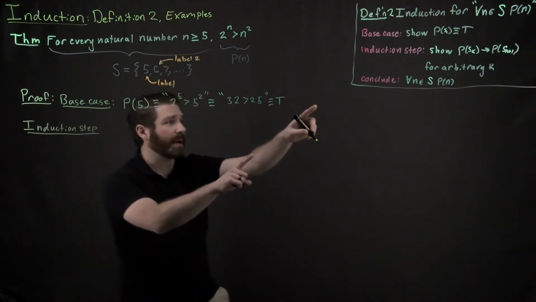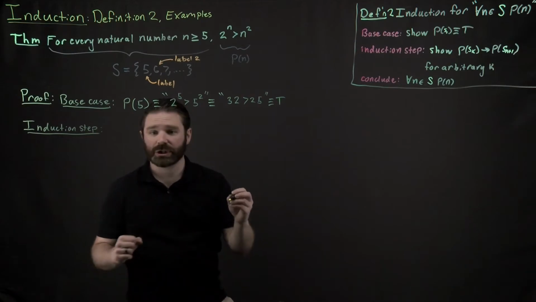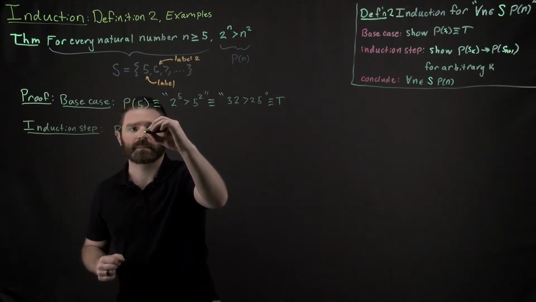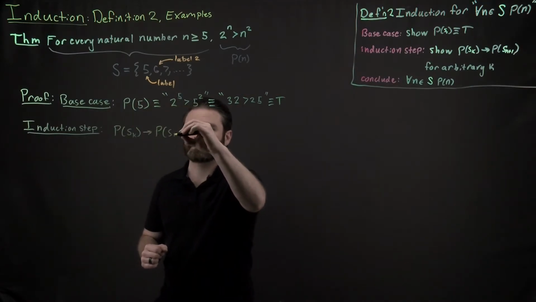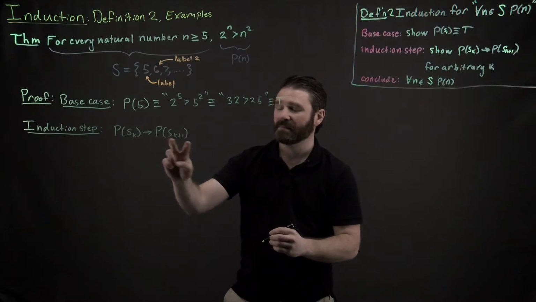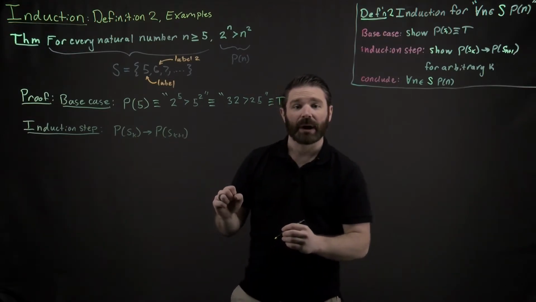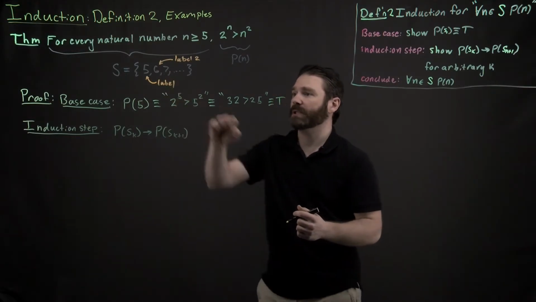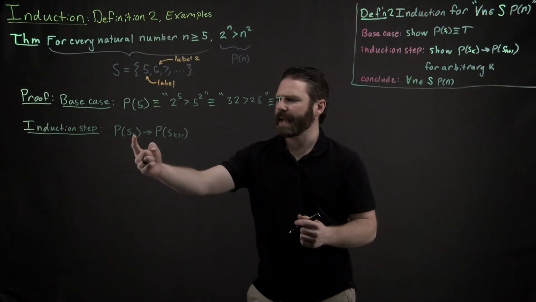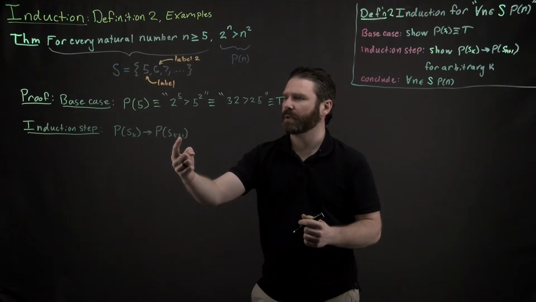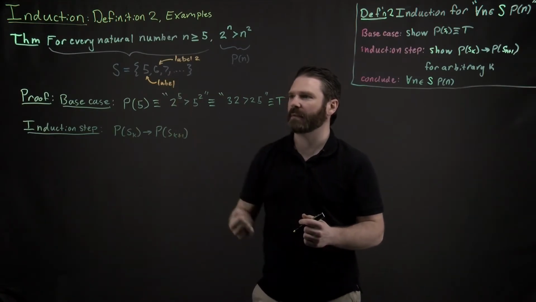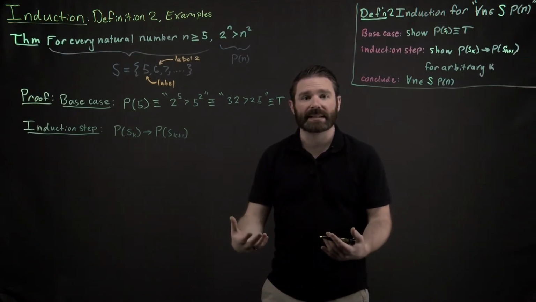So our induction step right over here says that we want to show that P of sk implies P of sk plus 1. And we're actually quite lucky in this particular situation, because sk and sk plus 1, so that is the kth element of this set, and the k plus first element of this set are actually successive numbers, right?